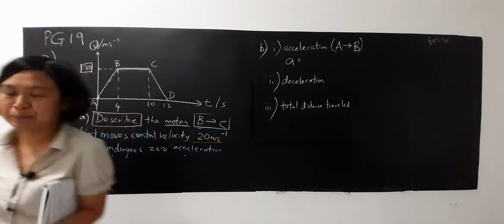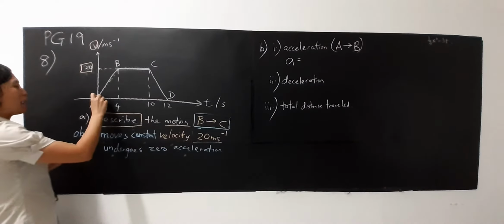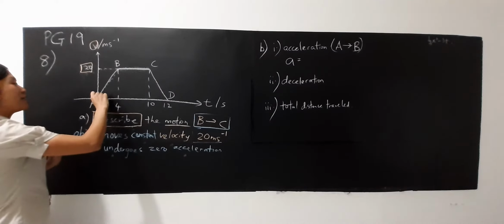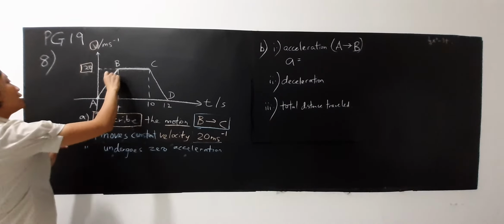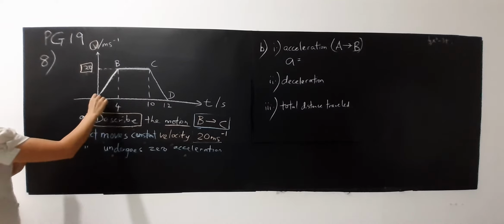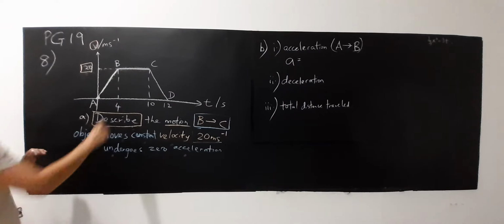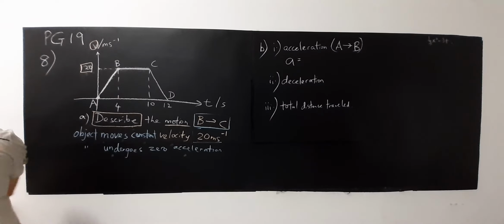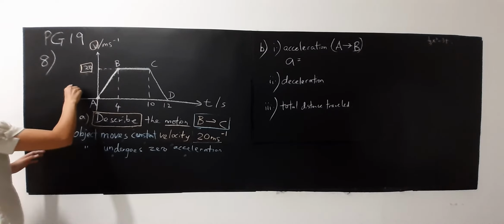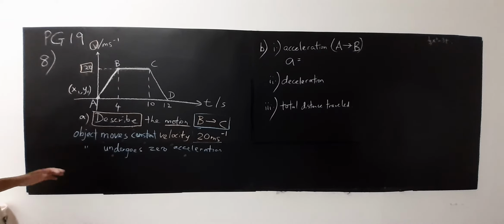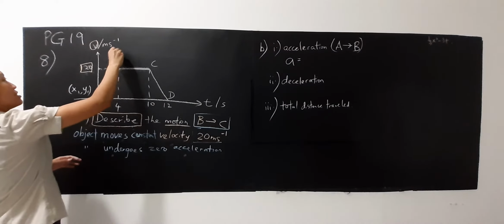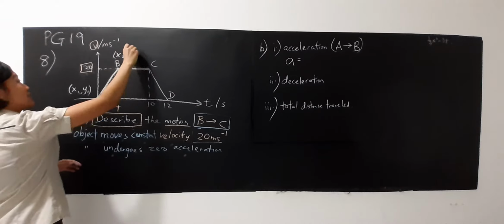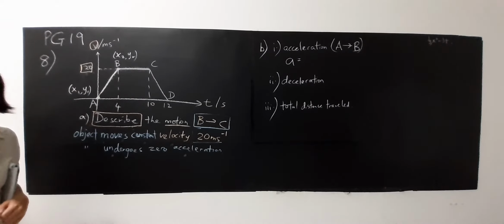Okay, we do it slowly. In order to find the gradient for this part, you just consider this one as your coordinate, and this one as another coordinate. Let's say I label this coordinate x1, y1, and another coordinate I label as x2, y2, for example.